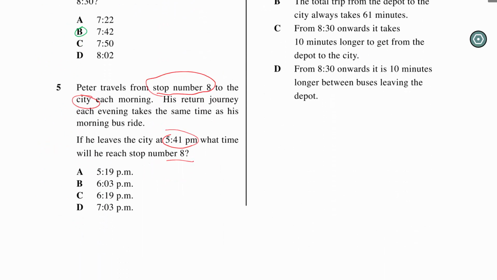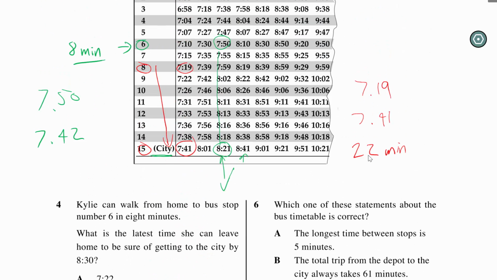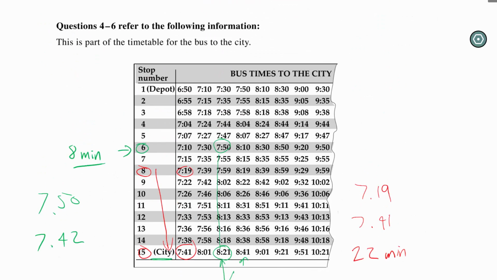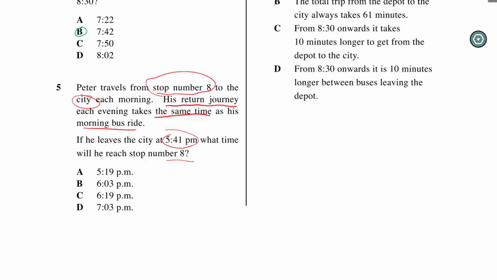So looking at number 5, if he leaves the city at 8:41, what time will he reach stop number 8? It's just 5:41 plus 22 minutes. We know that because over here it says his return journey takes the same time as his morning bus ride. So we use the morning bus ride, which we just did, to find out how long it takes, which is the same time, to calculate his return journey.